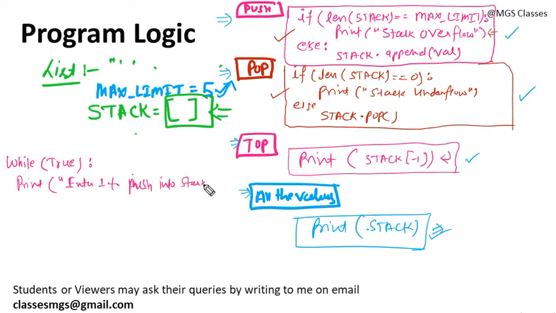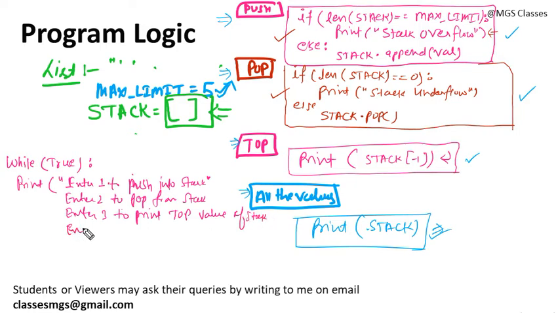So these choices we will give to the user, and press enter 2 to pop from the stack, enter 3 to print the top value of the stack, and enter 4 to print all values of the stack.